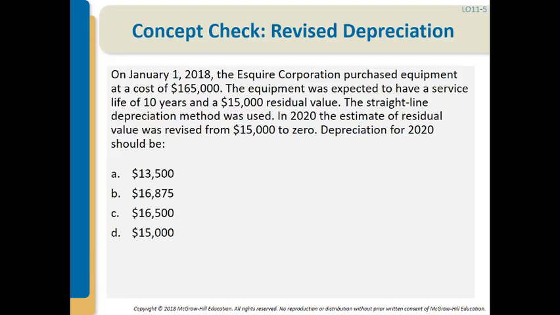So here we have a concept check. On January 1, 2018, the Esquire Corp purchased equipment at a cost of $165,000. The equipment was expected to have a service life of 10 years and a $15,000 residual value.